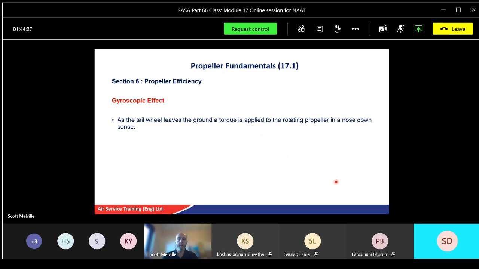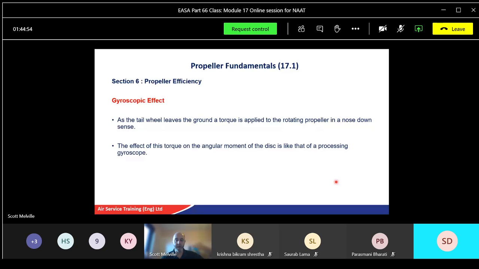Gyroscopic effect, well, think how a gyroscope works. We've got rigidity and precession. Now, as the tail wheel leaves the ground, you've got the torque applied to the rotating propeller in a nose down sense. The propeller's trying to pull that nose down. Now, the effect of that torque on the angular momentum of the disc. So remember, if you had a spinning disc, that spinning disc is going to try and keep going forward.